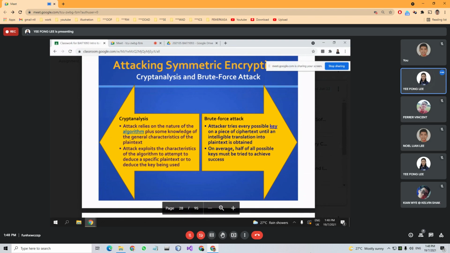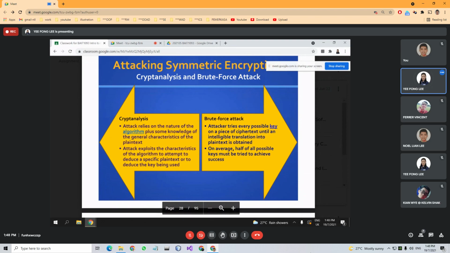Look at the explanation there. Cryptanalysis relies on the nature of the algorithm plus some knowledge of the general characteristics of the plain text. So the attack exploits the characteristics of the algorithm, attempting to deduce a specific plain text or deduce the key being used, based on the algorithm. Brute force attack, what is the keyword here? They try every possible key, so it means something like trial and error, until an intelligible translation into plain text is obtained.